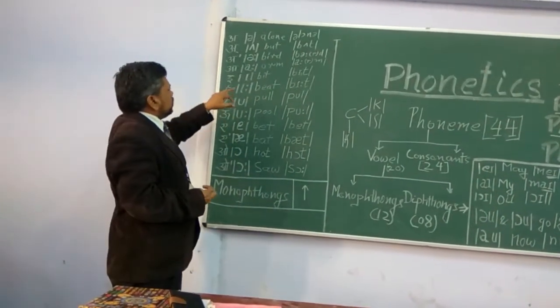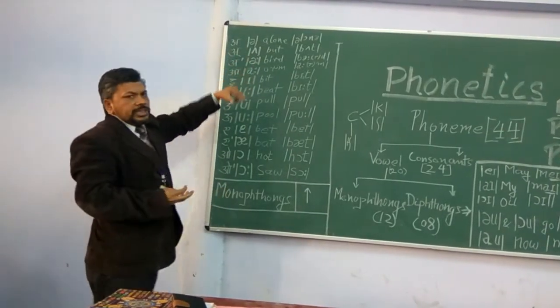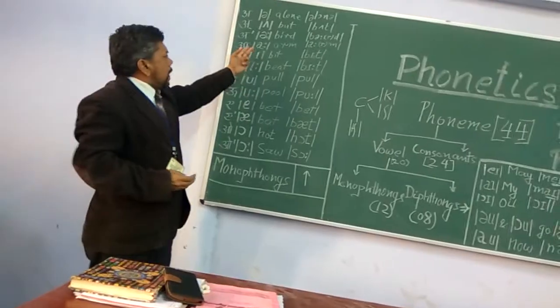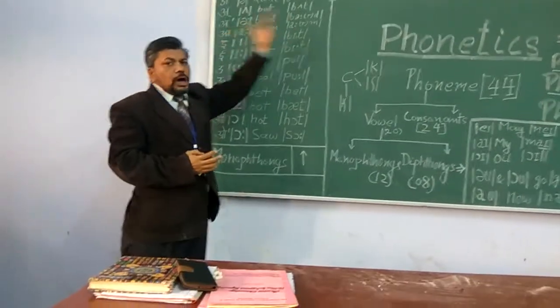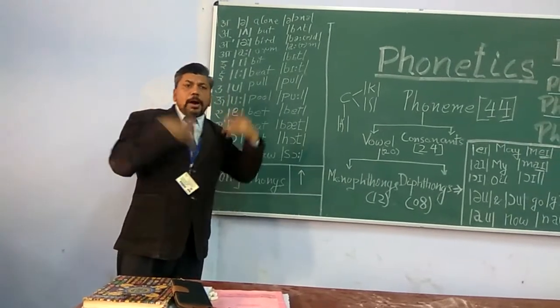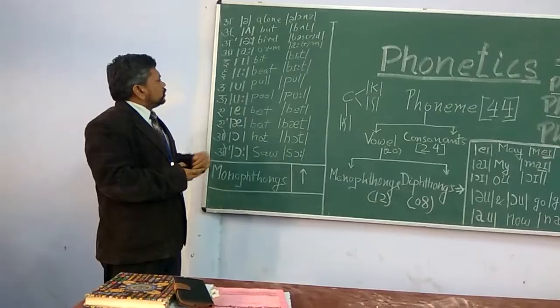Then further moving to the Indian vowel system, we have the long A. Then English, arm, charm, calm, palm, and so on and so forth.